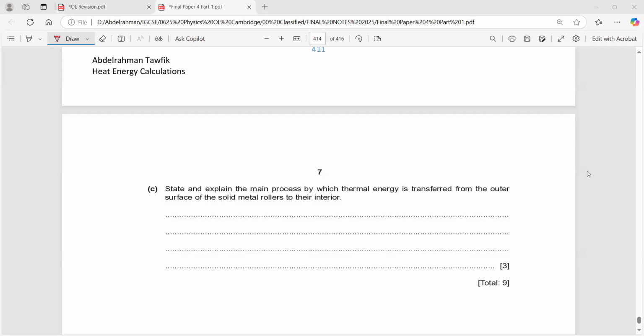This is a 3 marker. If you have a 3 marker, you want to say 2 processes and explain either of them.